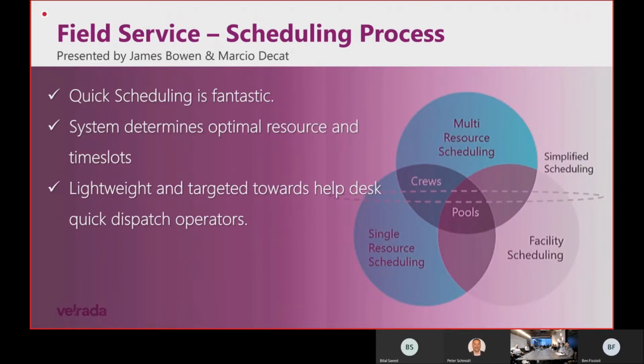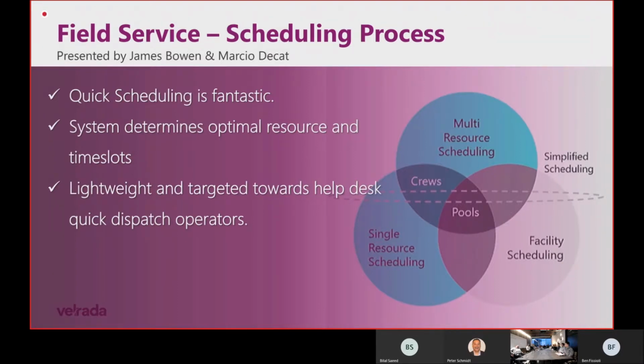And the quick scheduling was actually where I found the most value. It combines data and AI with your schedule board without having to actually go into your schedule board. You can essentially just trust that it's worked through all the work orders that are coming through, and it just surfaces up exactly which resources, and that could be a crew, a resource pool or a specific resource, what availability they have, how many people are available at that time, so which slots are the most open.